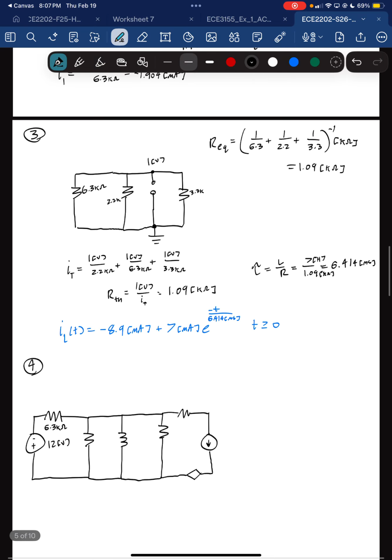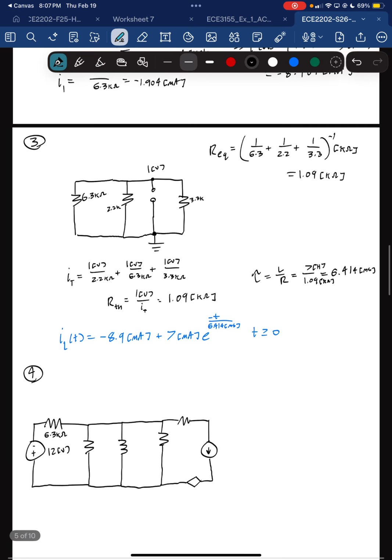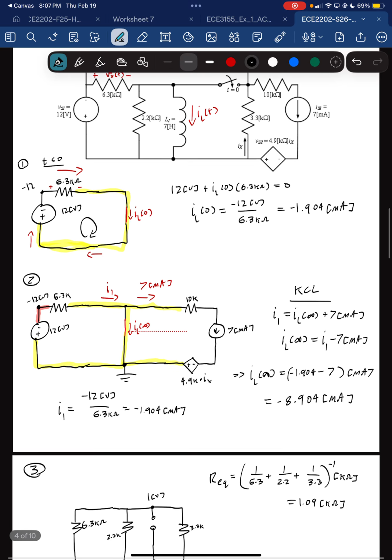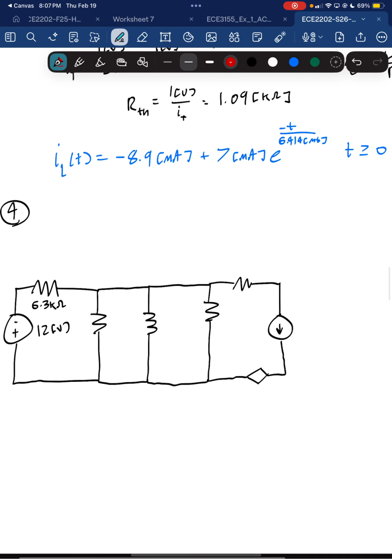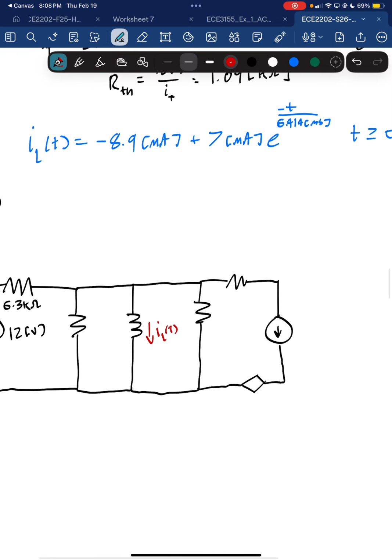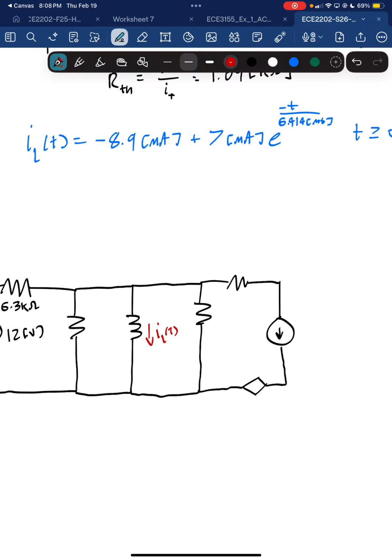In fact, I'm only going to label the value for the 12 volt source, the 6.3 kilo ohm resistor, and this inductor, IL of t. Okay, now let's define the voltage across this inductor.